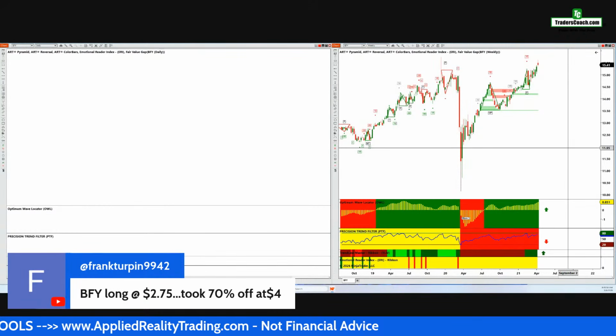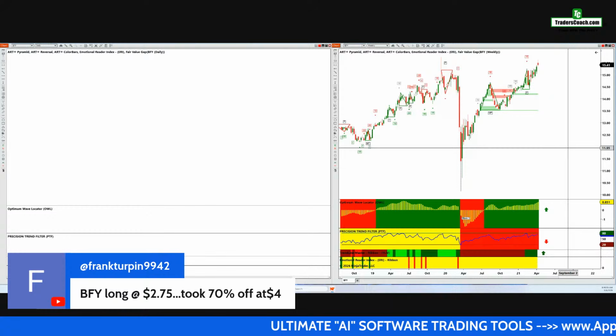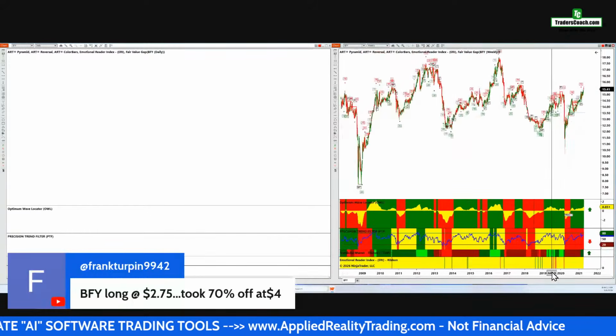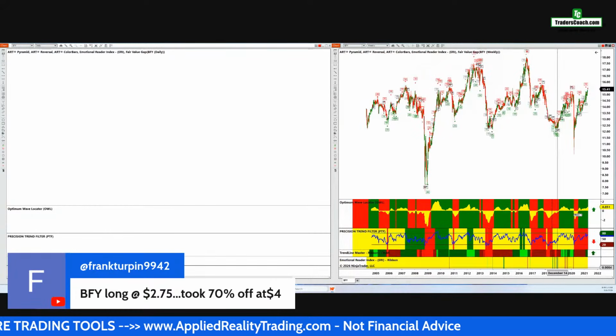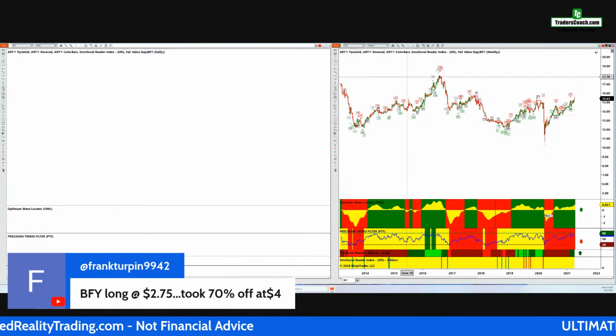Let's give it a second to load here. Took 70, you bought it at 2. Is this the right stock? I don't think it was ever at 7. Check that for me, okay?